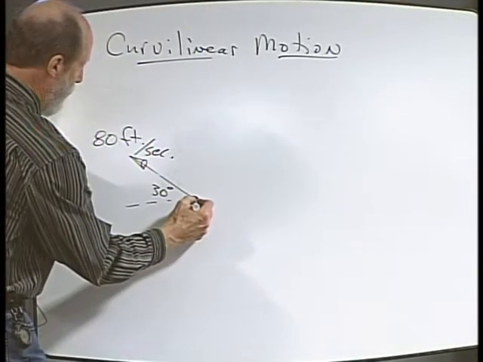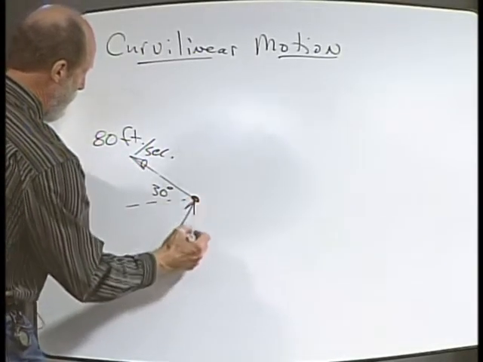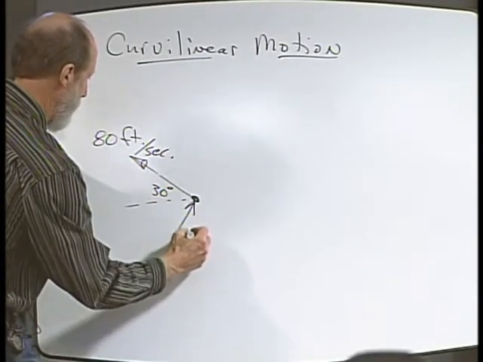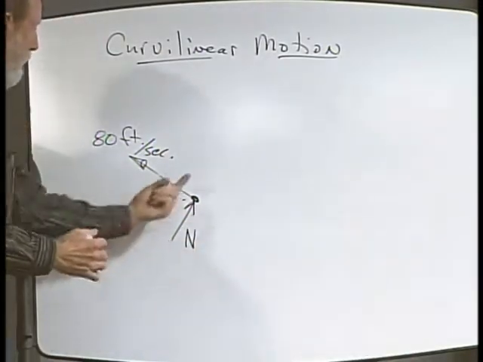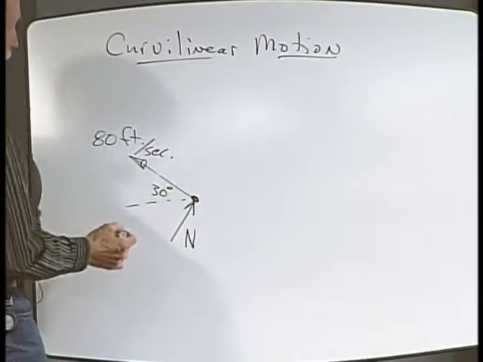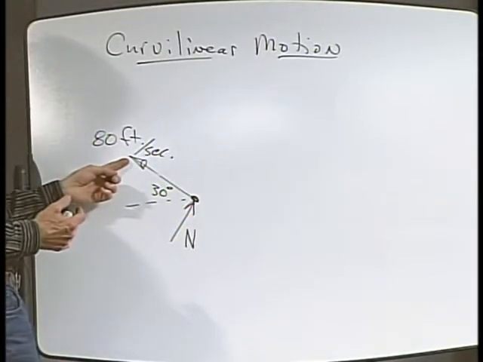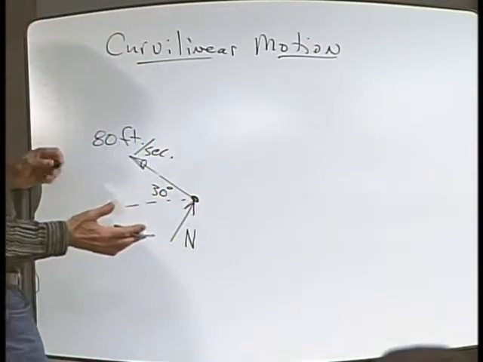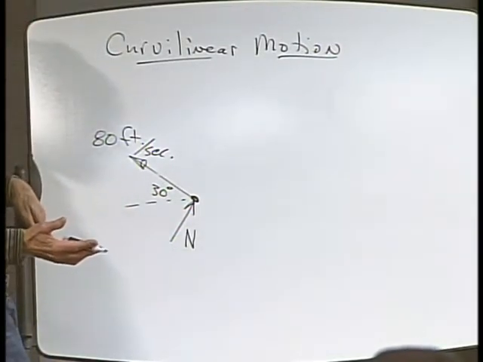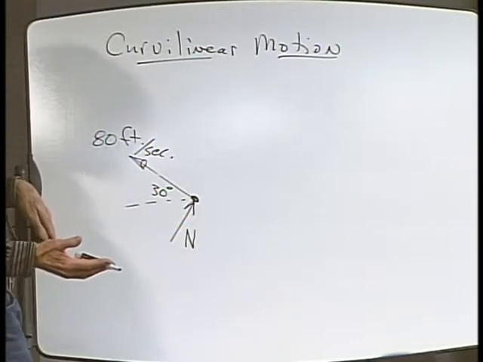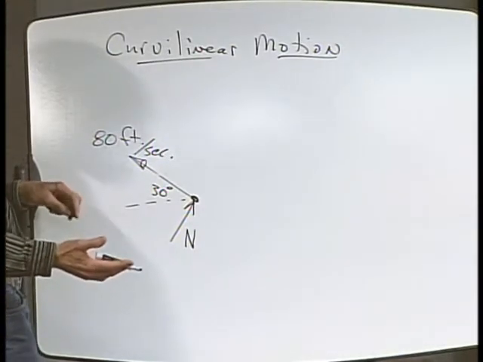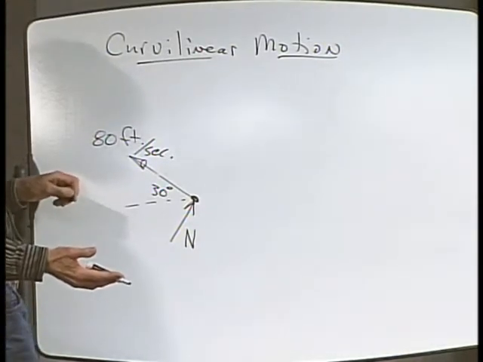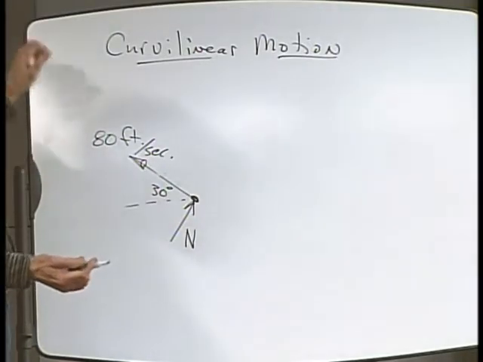And so the normal force by the ramp is at that angle, perpendicular to the 80 feet per second, right? And so we could use XY coordinates, rectangular, we could use polar, we could use normal tangential. Your choice. What do you want to do?